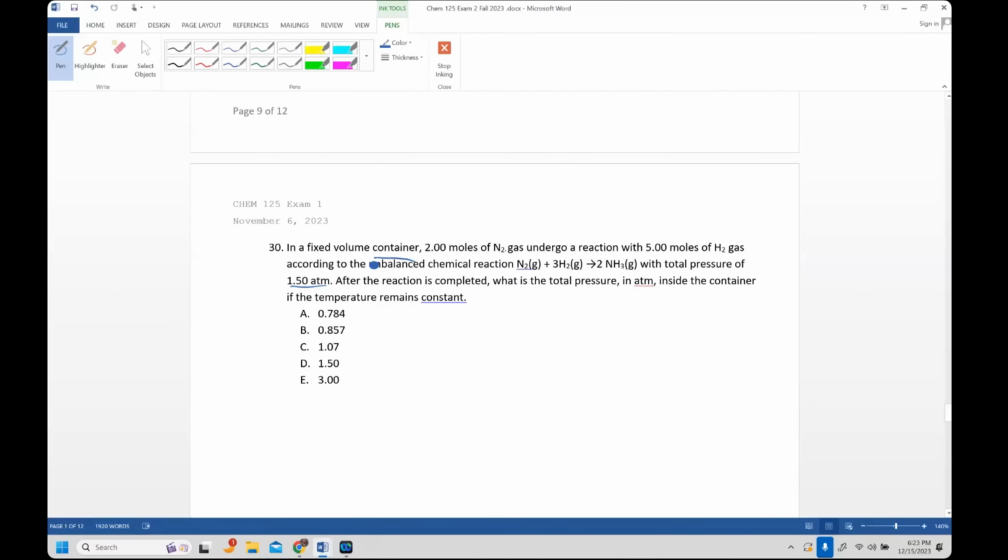So we have 2 moles of N2 with 5 moles of H2. I'm going to write the reaction again. N2 plus 3H2 yields 2NH3. So if we're reacting this, we have 2 moles of N2. It's a 1-to-2 ratio, so the 2 N2s would create 4 moles of NH3.